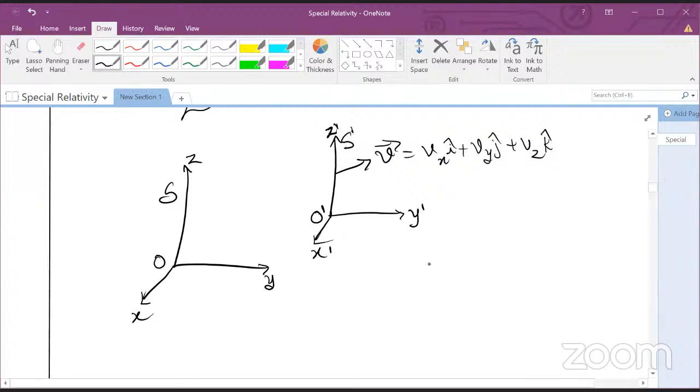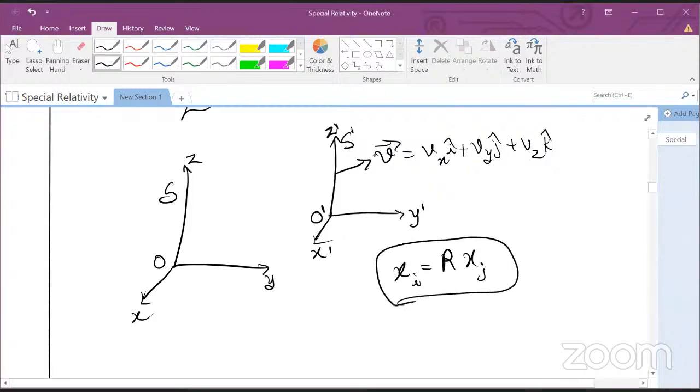So we know what is rotation. I don't remember the set of equations, but we can define x i to be some rotation matrix times x j. So I can do some rotation so that this velocity vector will be in the x direction of the rotated coordinate.